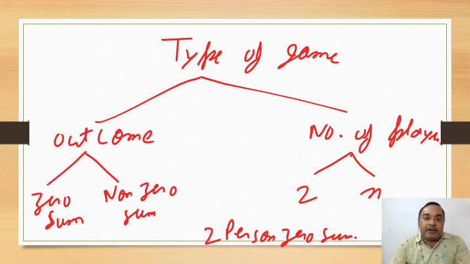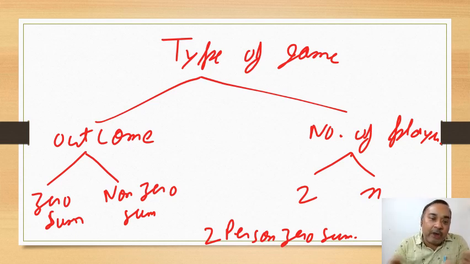We can segregate games into two categories: one on the basis of the number of players, and one on the basis of the outcome. If we divide it on the basis of number of players, that can be 2 or n. If there are only two rational opponents, we say 2 players, and if there are more than 2, we call them n.